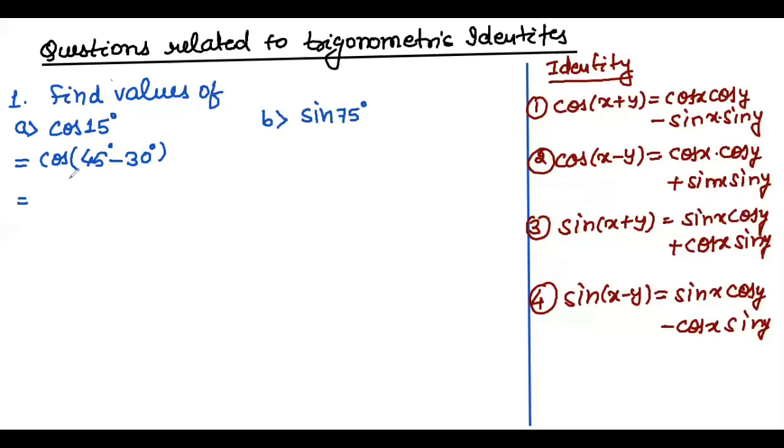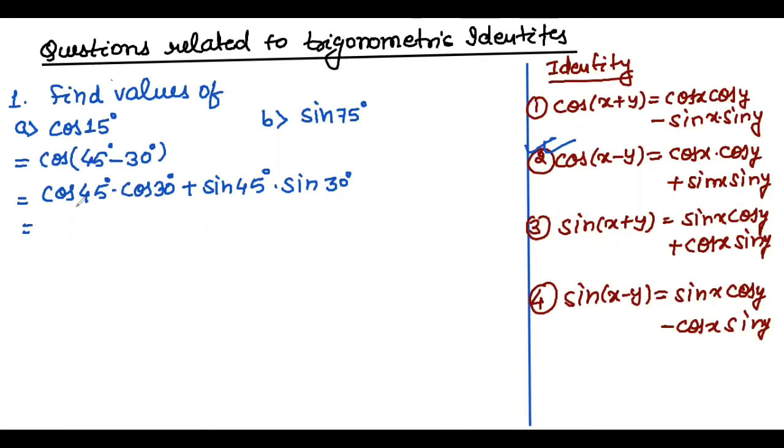Now applying the identity cos of x minus y, the second identity I'm using. So cos x into cos y plus sin x into sin y. Now we'll apply the values.